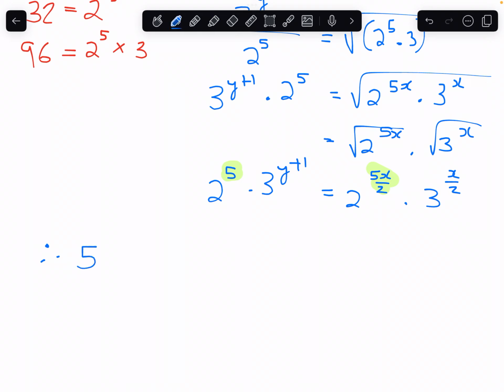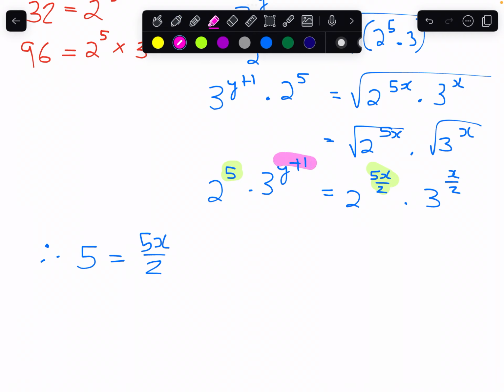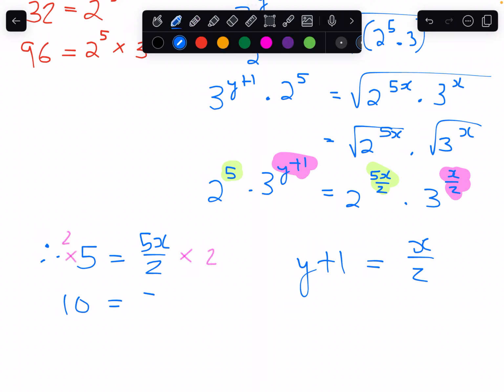So 5 is equal to 5x over 2, and these two should be equal. So y plus 1 is equal to x over 2. So times by 2 on both sides, and we have 10 is equal to 5x, and so therefore x is equal to 10 over 5, which is 2.